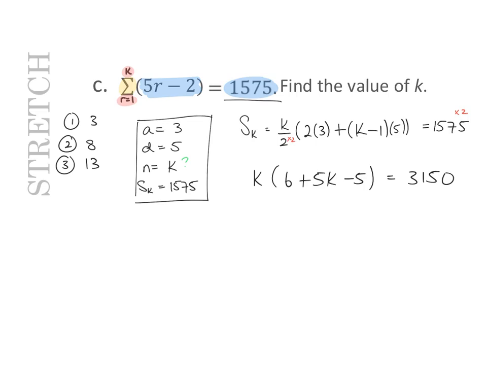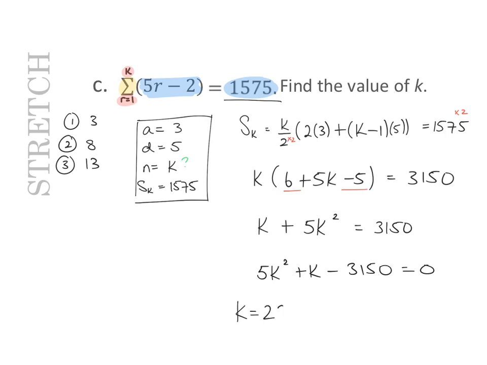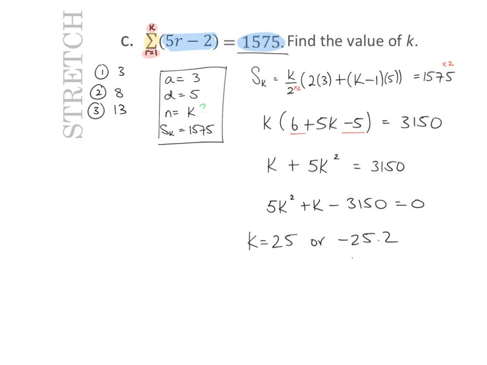Expanding again, I've got 6 minus 5 is 1, so I'm going to have k plus 5k squared is this. Now that's a quadratic, so I can put it in my calculator, and it gives me k equals 25, or minus 25.2.